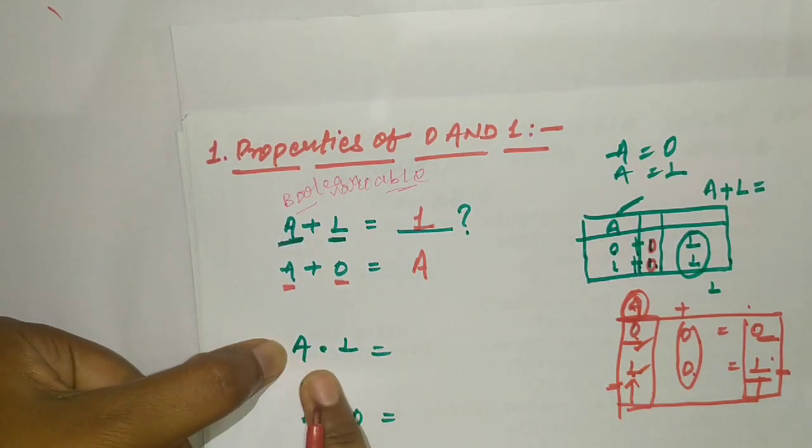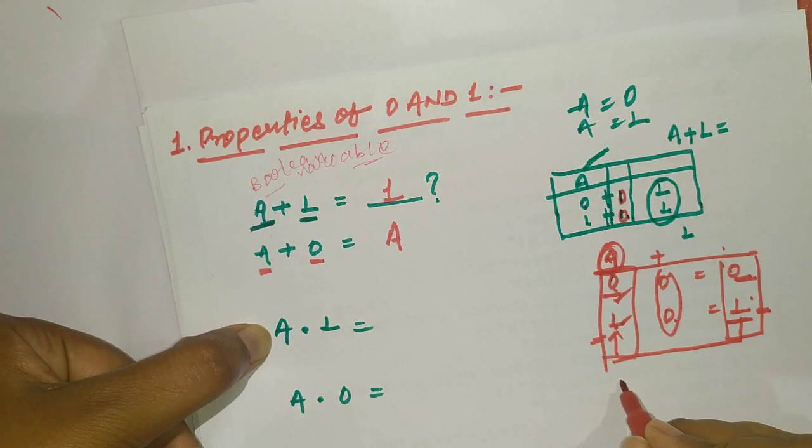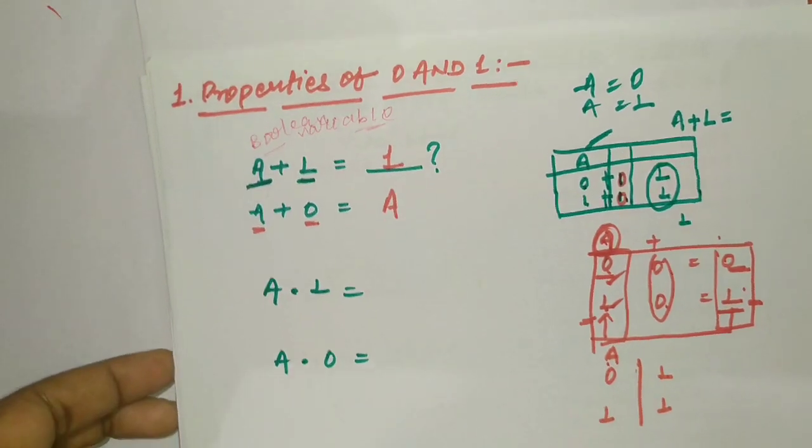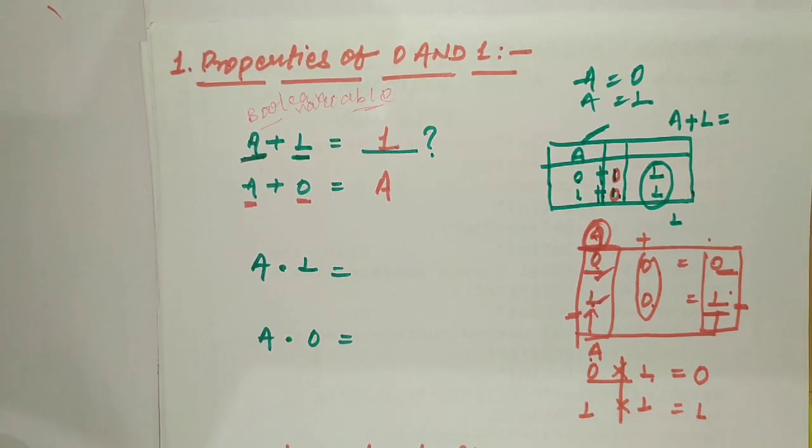Next, multiply by 1. If we multiply any value, 0 or 1, by 1: 0 into 1 is 0. 1 into 1 is 1. Here a is a variable. Let's multiply by 1.